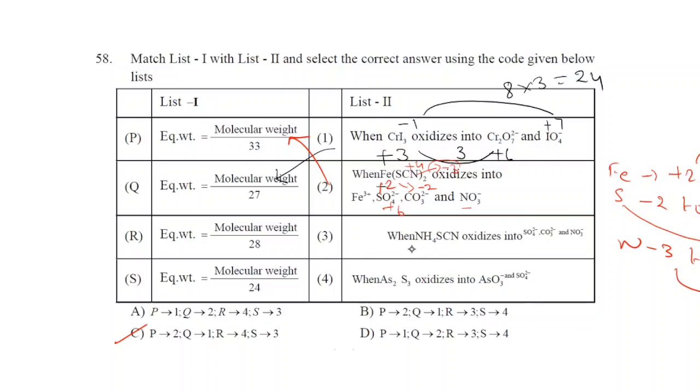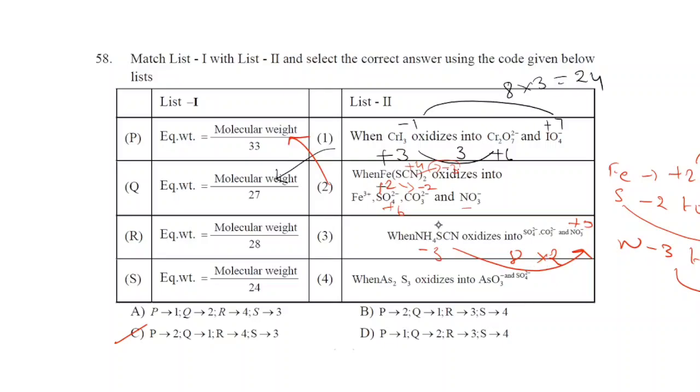And similarly, if we consider NH4SCN, the change is in nitrogen. In the case of NH4+, the oxidation state of N is -3, it is changing to NO3-, that means +5 oxidation state, 8 is the change, and there are 2 nitrogen atoms.